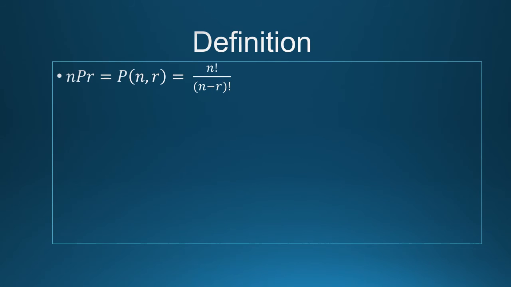Another definition for permutation is nPr, which is n factorial over n minus r factorial, and that's the ordered arrangement of r objects from n objects. So in permutation, the order matters.